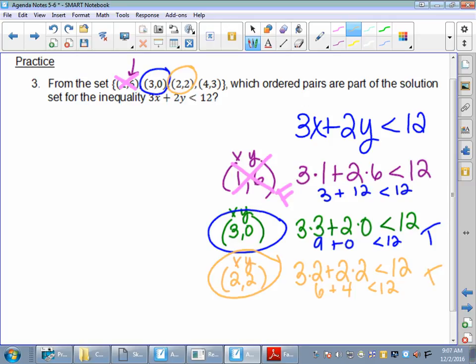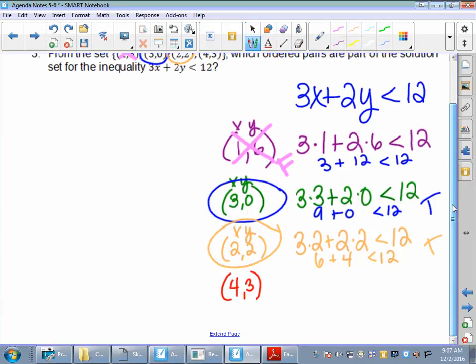And last but not least, (4, 3). So back to my original equation, 3 times 4 plus 2 times 3 is less than 12. Well, that's 12 plus 6. Whoops. I put the answer instead of the 12 plus 6. Is that less than 12?